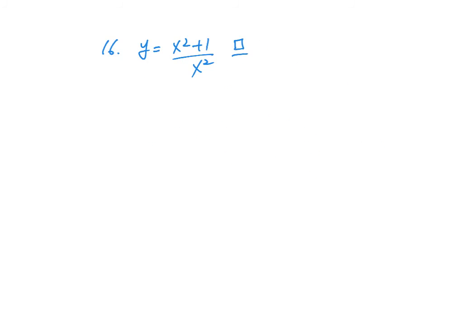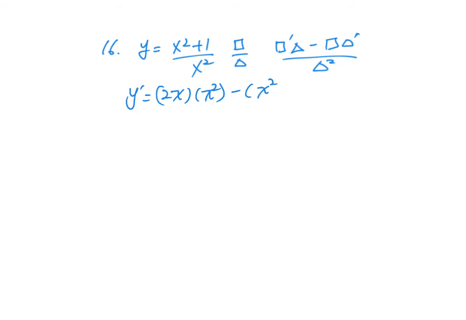So we have a quotient rule again. Box prime minus, take the derivative of the triangle, the bottom, and the square. The derivative of the top is 2x. Don't do anything with the bottom, minus. And then take the derivative of the bottom, all over. Oh, that's a plus 1, all over x to the 4th.